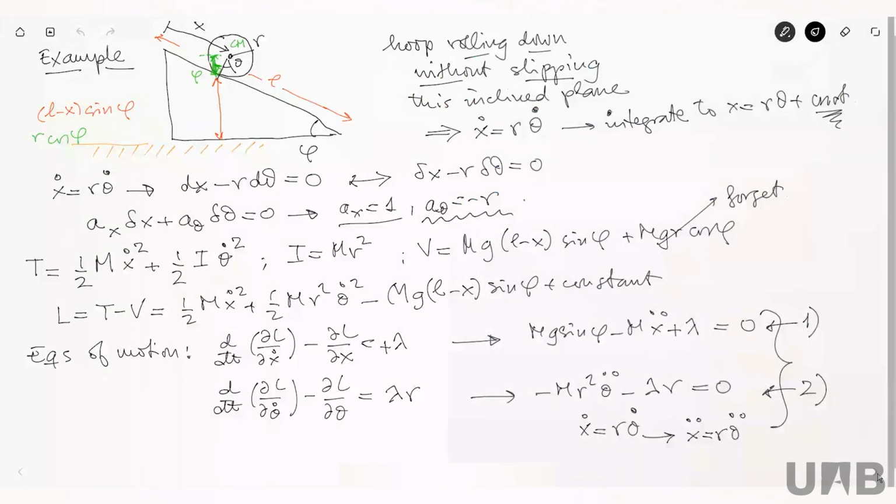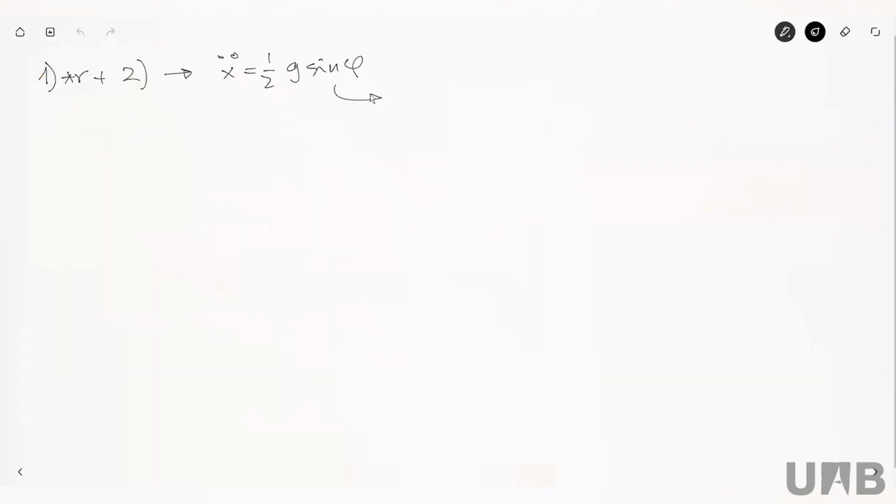So I go to 1, replace this solution, and quickly find that lambda is minus mg divided by 2 sine phi. Okay, so that's already the answer that we want. We found everything. Of course, theta double dot is x double dot divided by r. So if I know x double dot, I also know theta double dot. So that's it. From the point of view of solving the system, it is already solved.